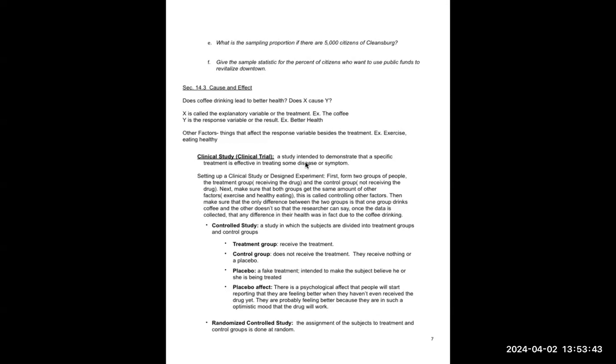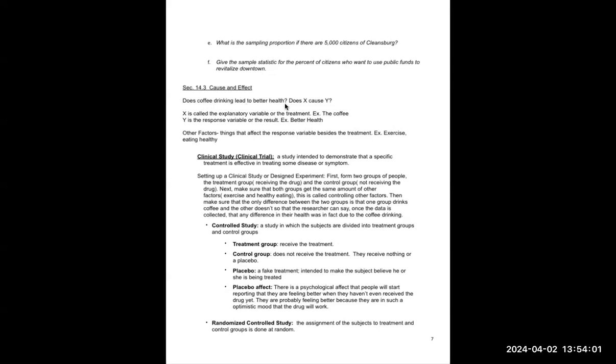So that means that we need to try to see, does living under power lines cause cancer? Or in my question I have here, does coffee drinking lead to better health?